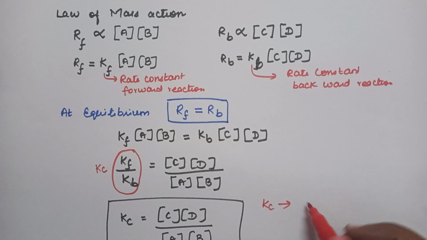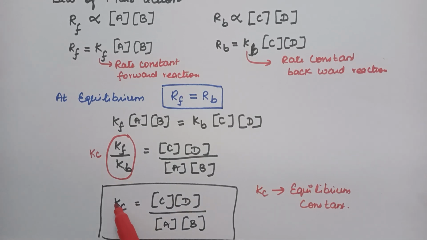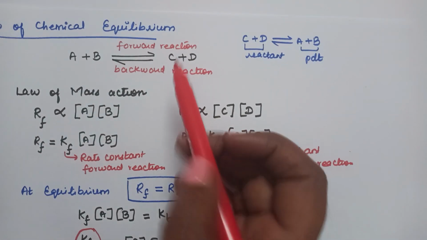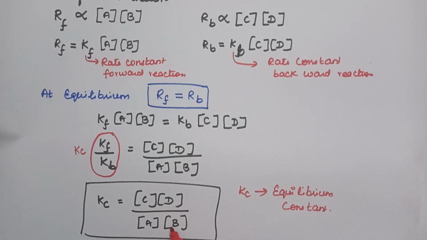Kc is called the equilibrium constant. So here what we have written is that the equilibrium constant is equal to the active masses of the products, C and D are products as you can see here, divided by the active masses of the reactants.